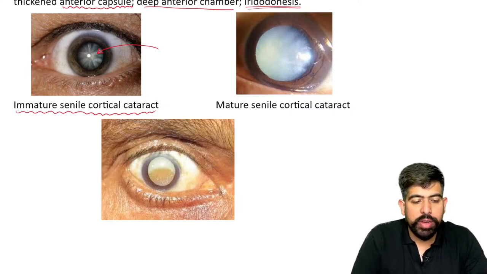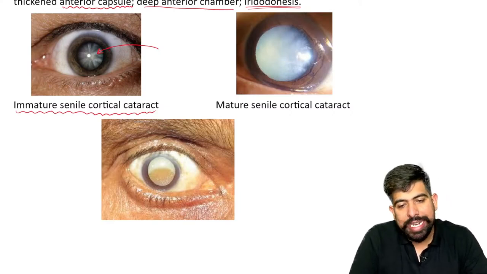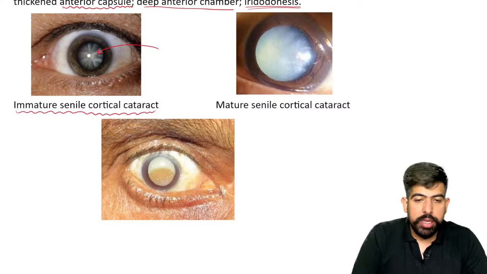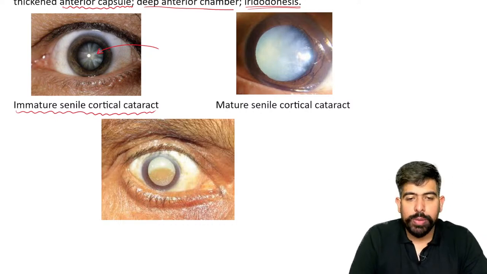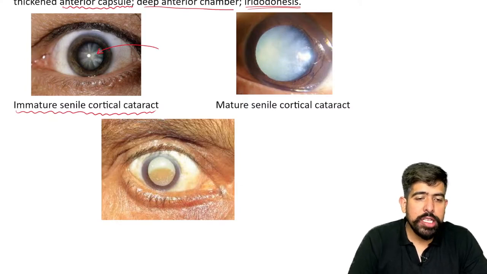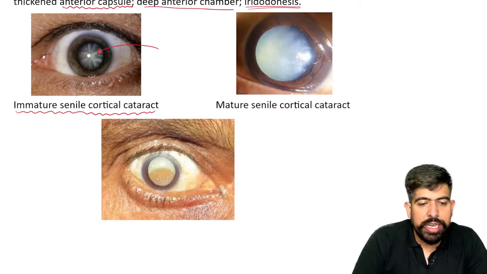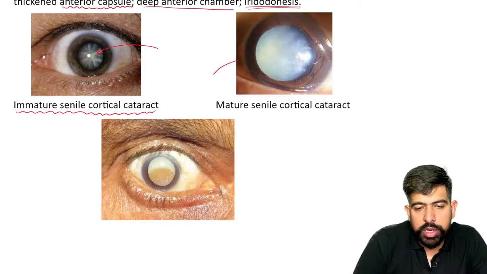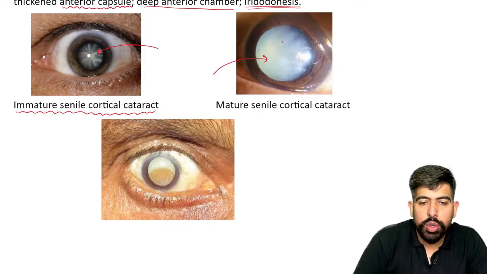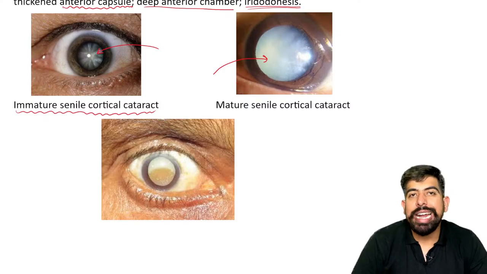It is still immature, but when it converts into fully mature, it will become pearly white. Totally, you can see the entire lens is now pearly white in color.